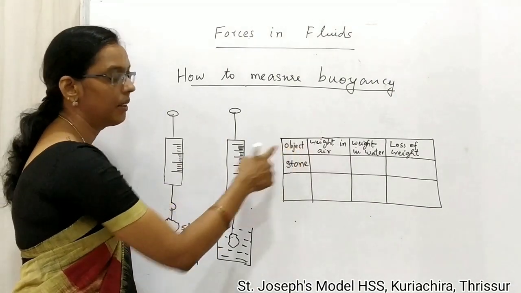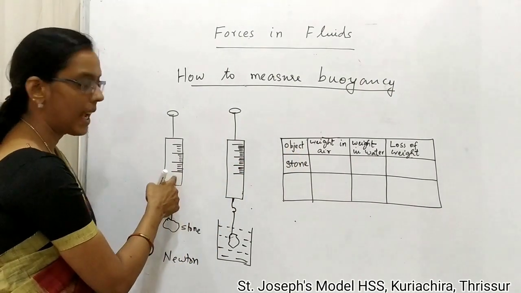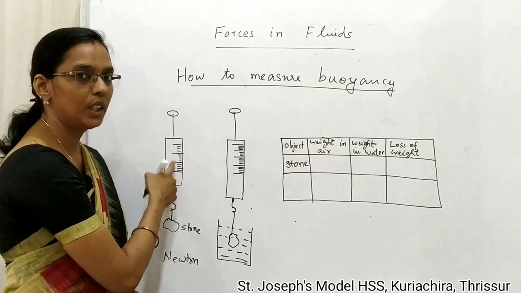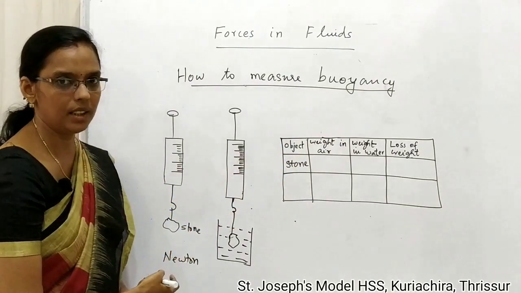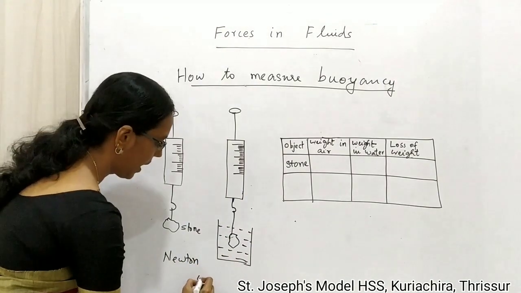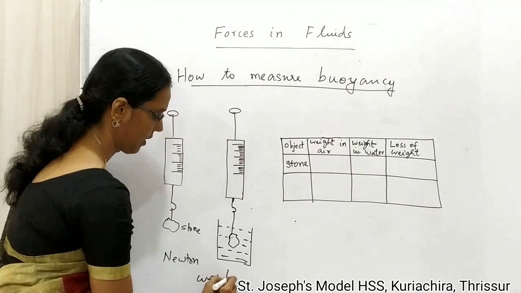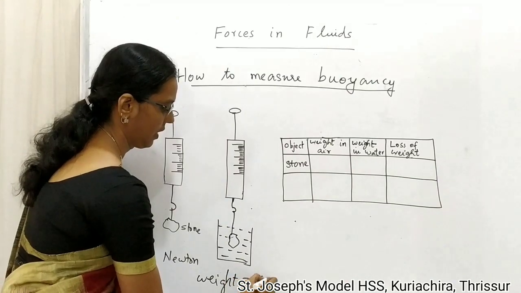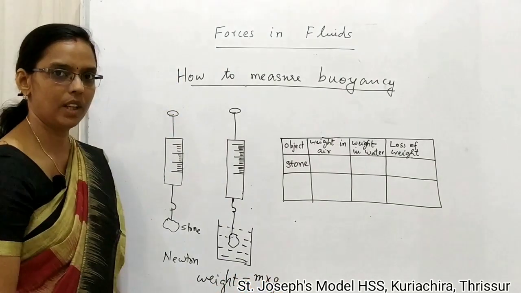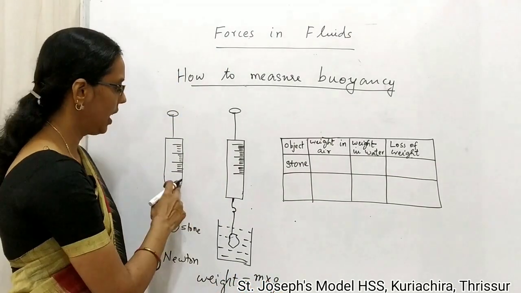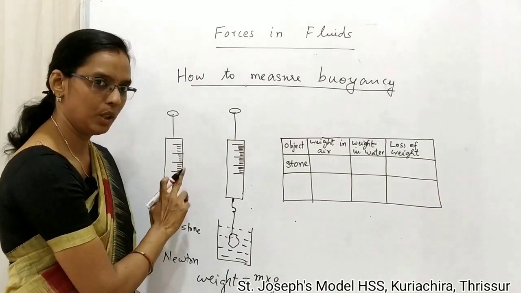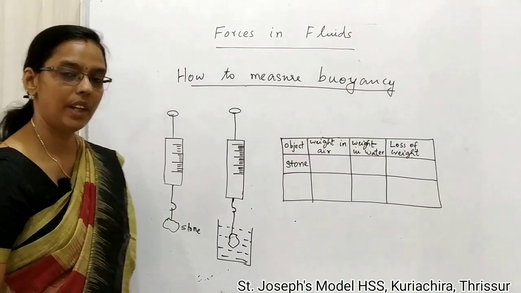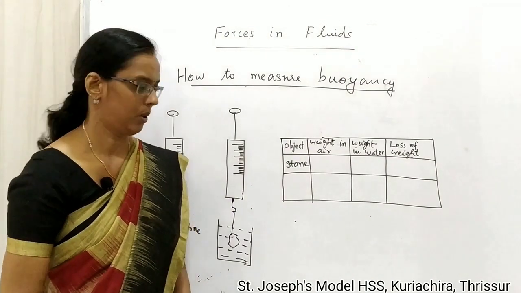That means it is the weight. If it is calibrated in grams, then you will get the measurement in grams. So to convert that into weight, you have to multiply that with acceleration due to gravity. Okay, so here assume that this is calibrated in Newton. So you will get the weight of the stone in Newton.